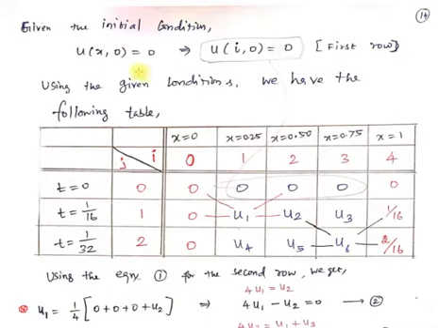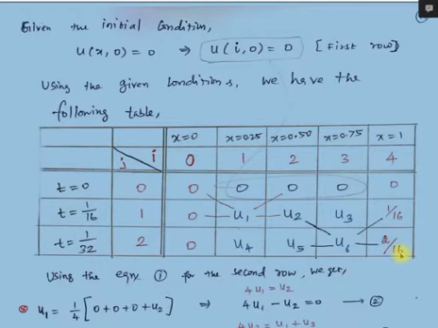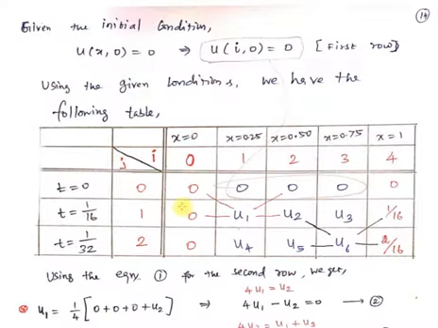Given the initial condition u of x comma 0, means initial condition is t equal to 0, so the first row full values be 0. Here the first column will be 0, the last column is 0, 1 by 16 and 2 by 16. We want to find two additional rows, so two time steps.